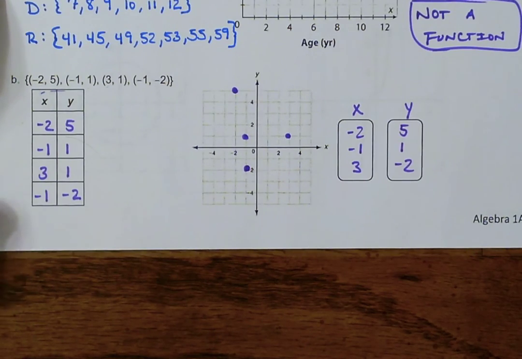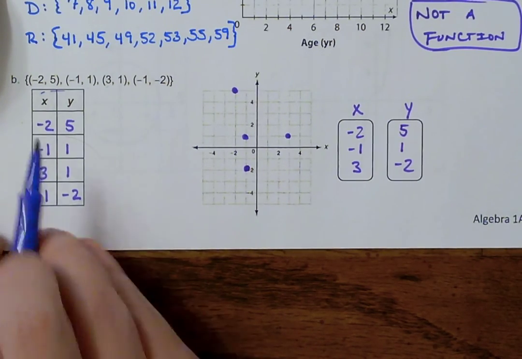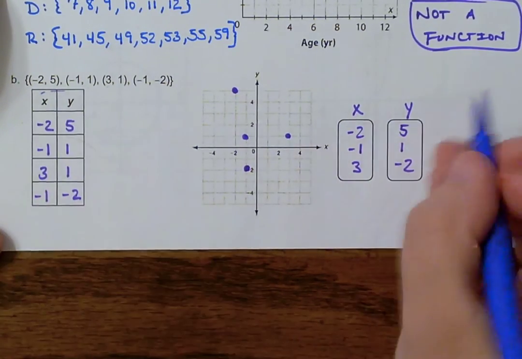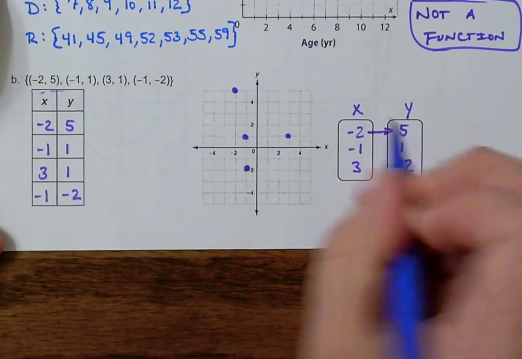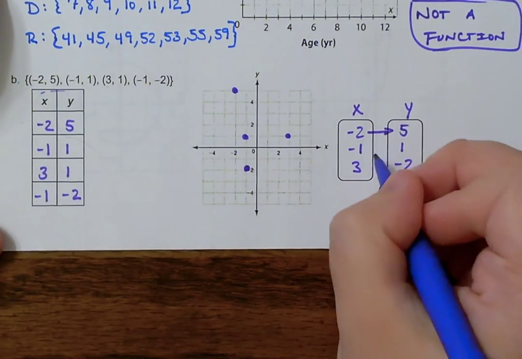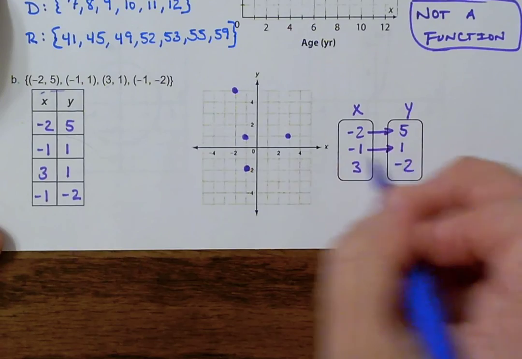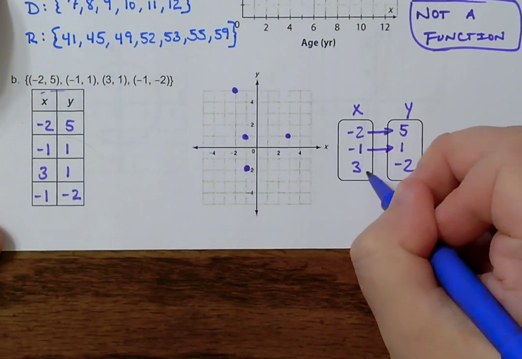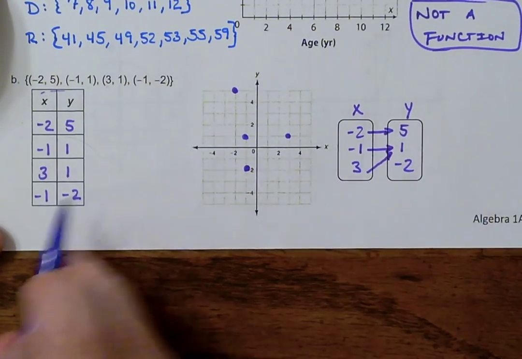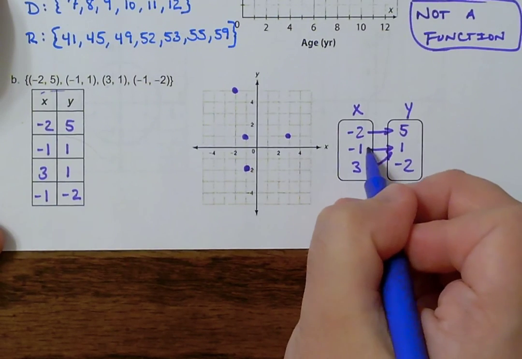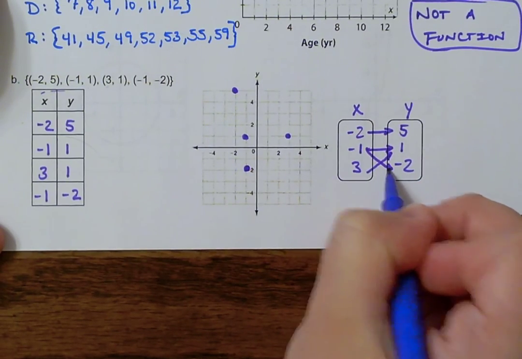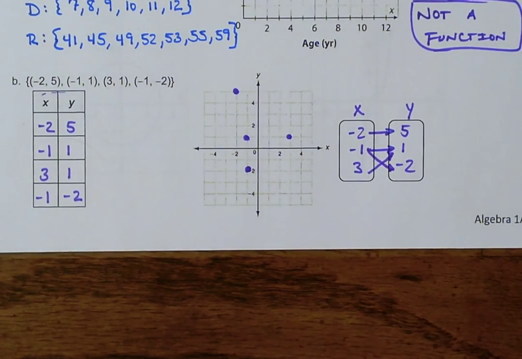All right, so to set up my mapping diagram, -2 goes to 5, -1 goes to 1, 3 goes to 1, and then -1 goes to -2. And that is my mapping diagram.